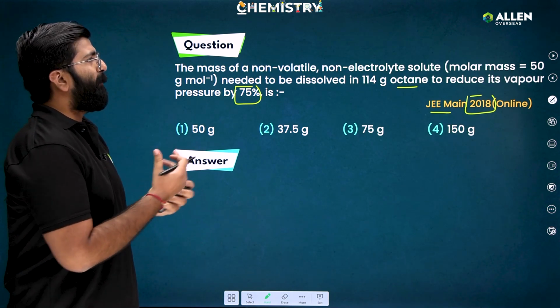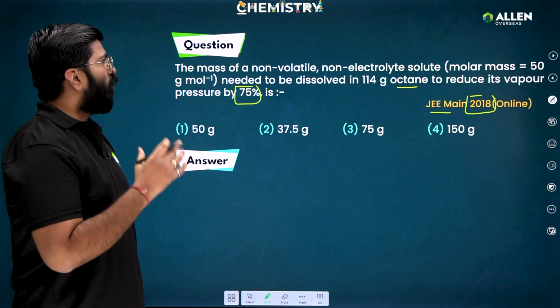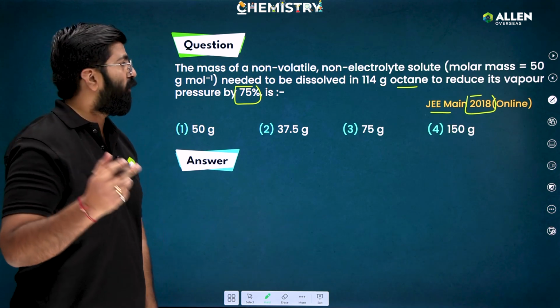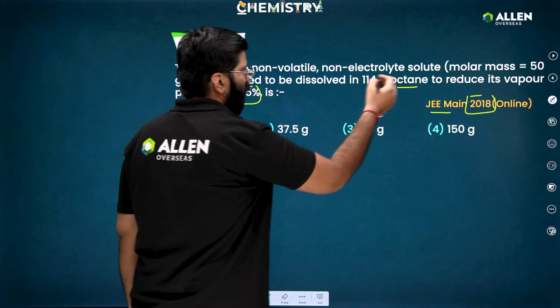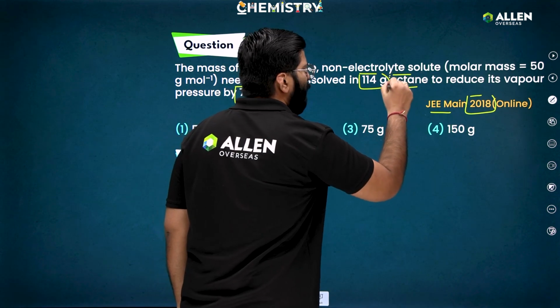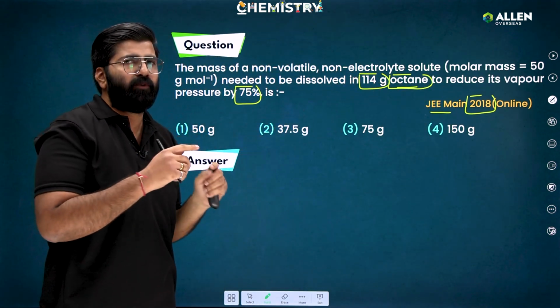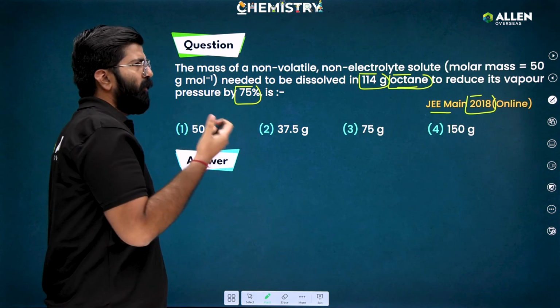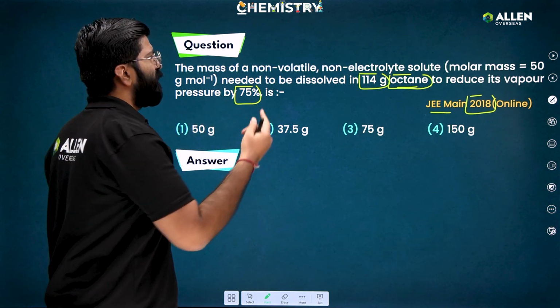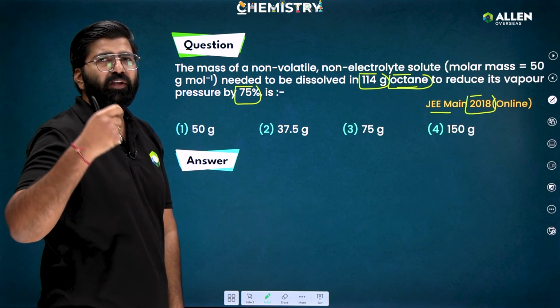So let's write the basic data which are given to me. Over here, are we given the molar mass of the octane? Yes. Because the name was given, we can easily find its molar mass. For octane, the molar mass will be 114 gram per mole.